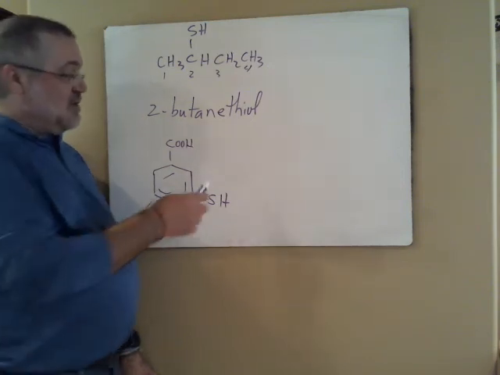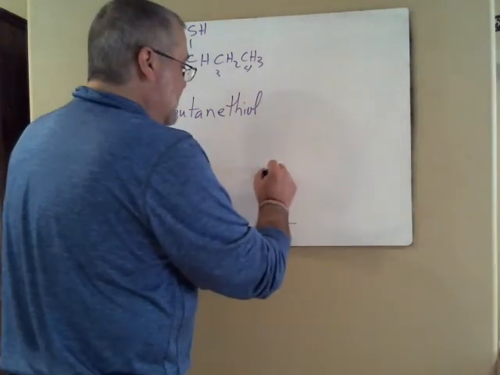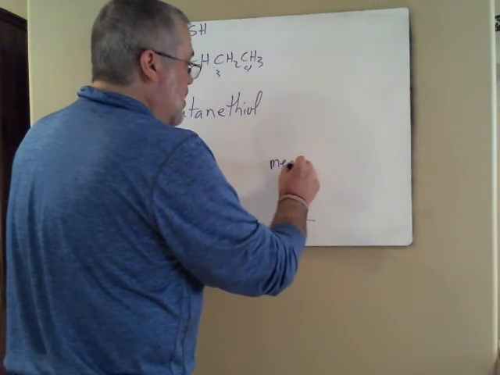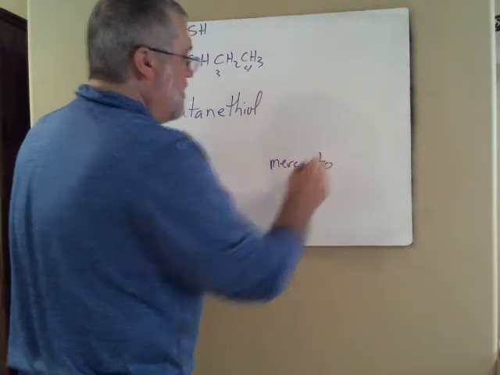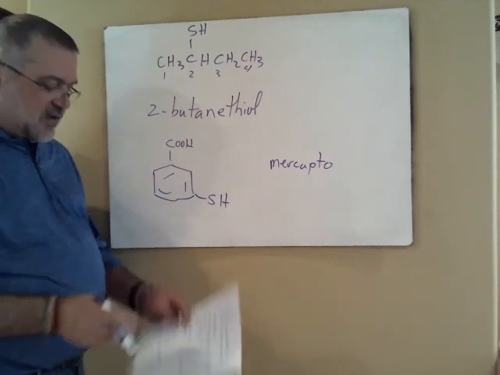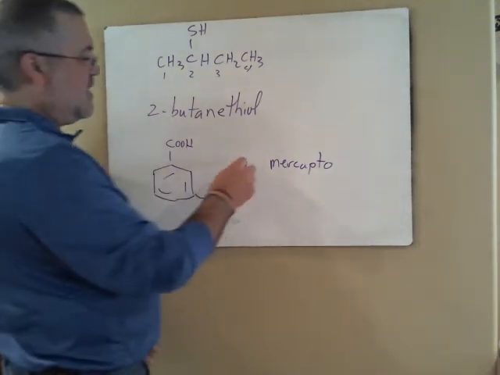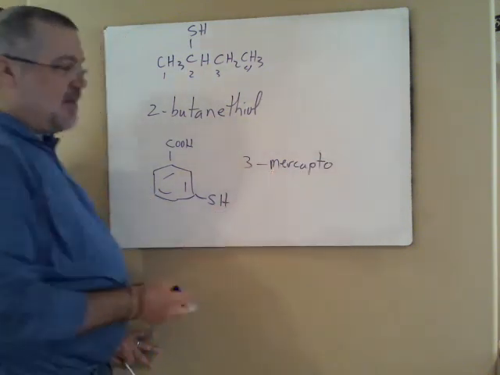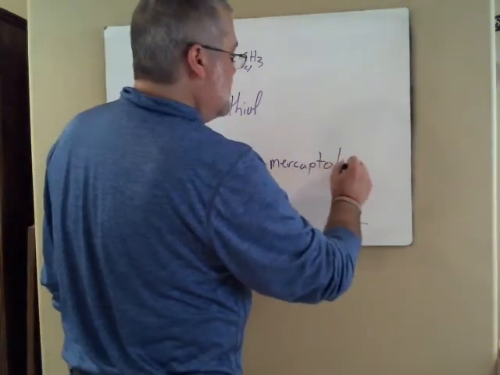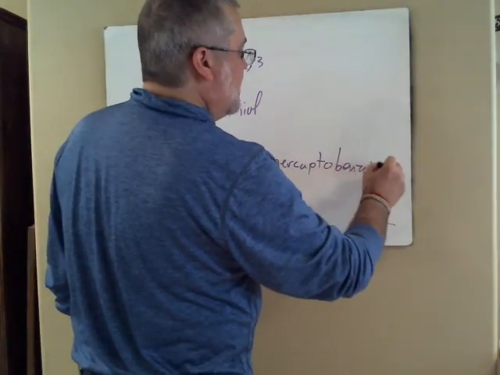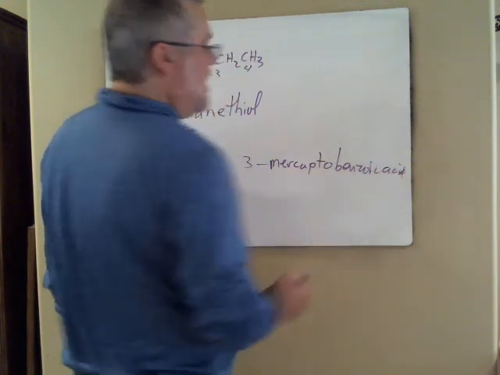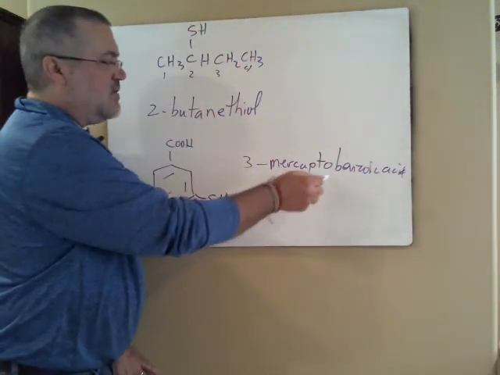Okay, the substituent name for this is mercapto. And so when you're looking at this, if you're naming it as a benzoic acid, it would be 3-mercapto benzoic acid. And you might be saying, how on earth do we get the name mercapto?